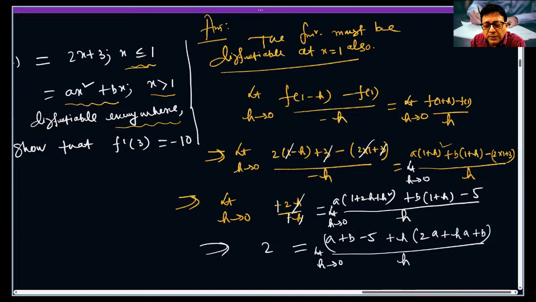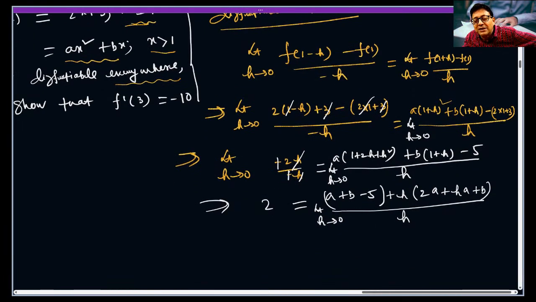But now there is a problem. This kind of problem I have discussed in other sessions also. I am telling you, this limit doesn't exist if you cannot make this part 0. They said that it is differentiable everywhere.